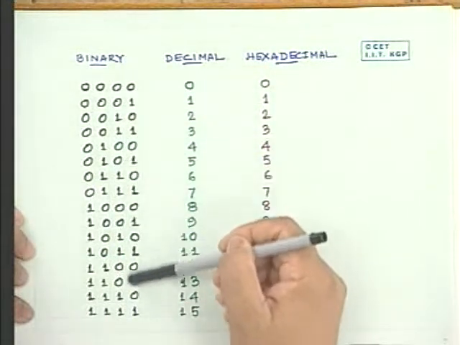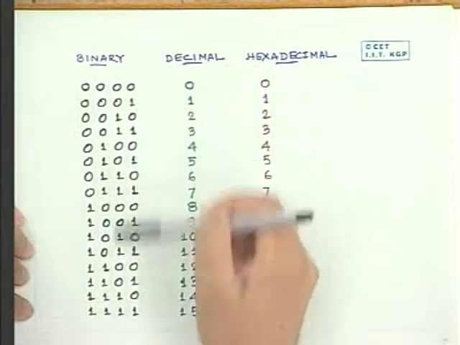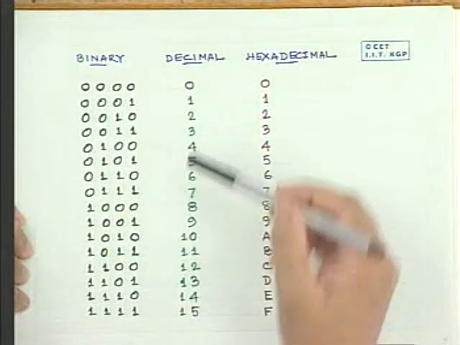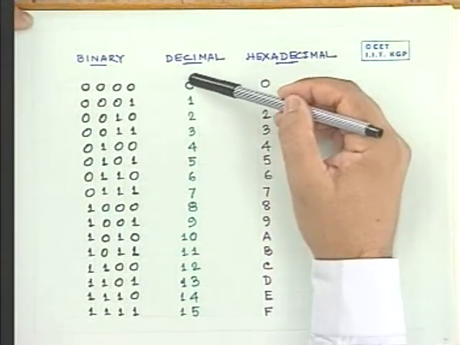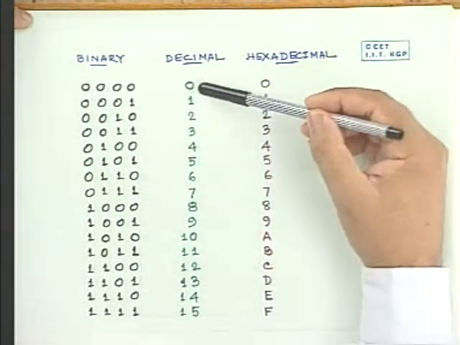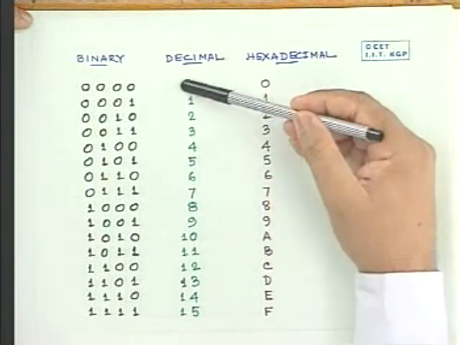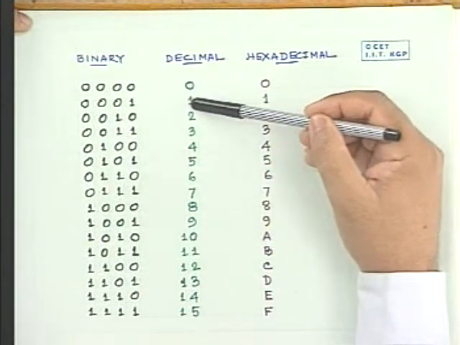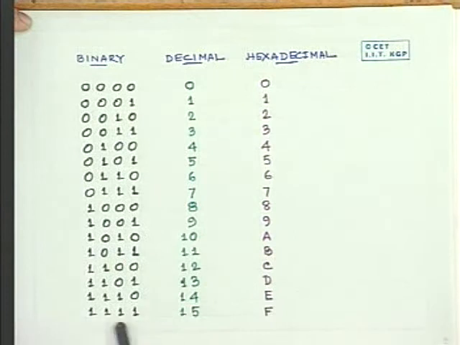That way there can be 16 possible combinations of these binary bits. As you know, the decimal equivalent of this binary I have given in green: this is 0, this is 1, this is 2, and so on, up to 15.